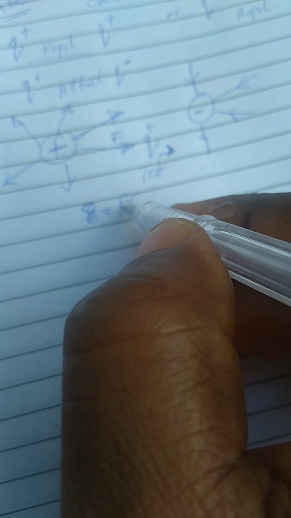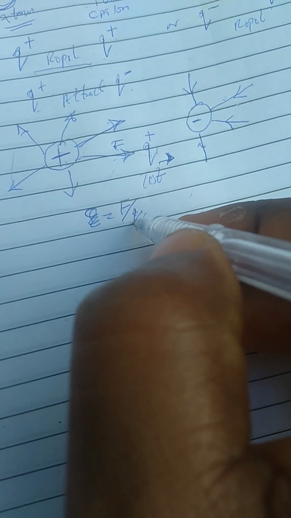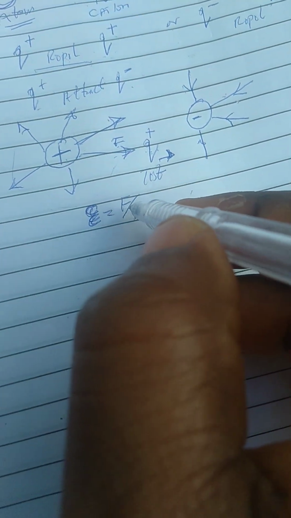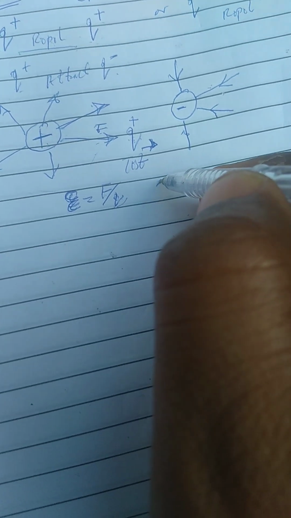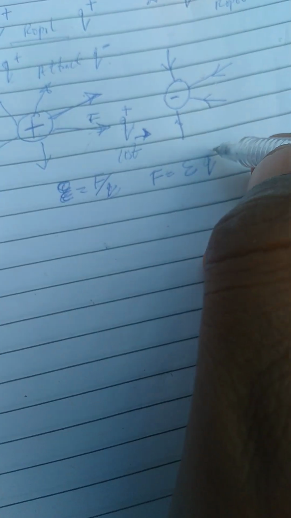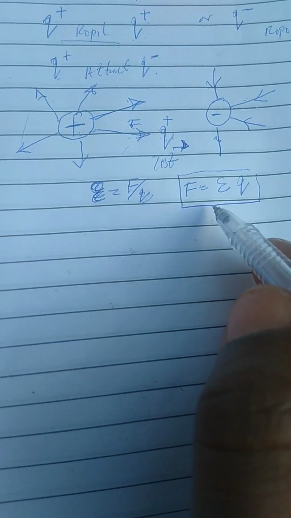It gives us the idea of the amount of force acting on a test charge when this test charge is placed in an electric field. So electric field intensity E is given as F over Q. So by cross multiplication, we have electric force to be electric field intensity times the test charge Q. This is equation 1 for the electric force.